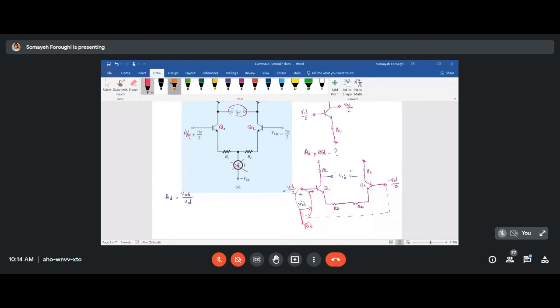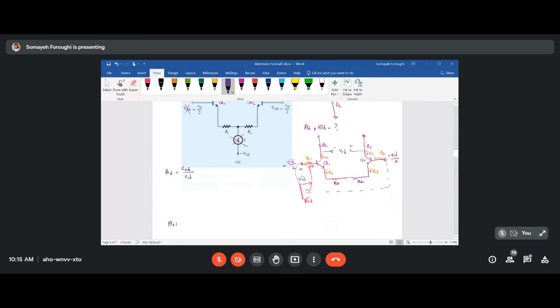And in the base of Q1, if you do the current analysis, you will have an IB1. And here you will have IE1, IC1. Here you will have IB2, IC2, and IE2. Simply, your RID will be the total voltage over the current passing through the base of Q1, which is IB1.